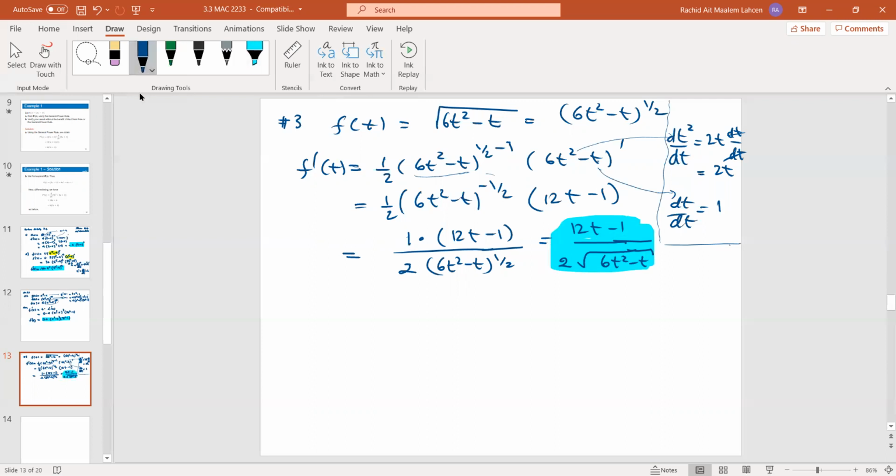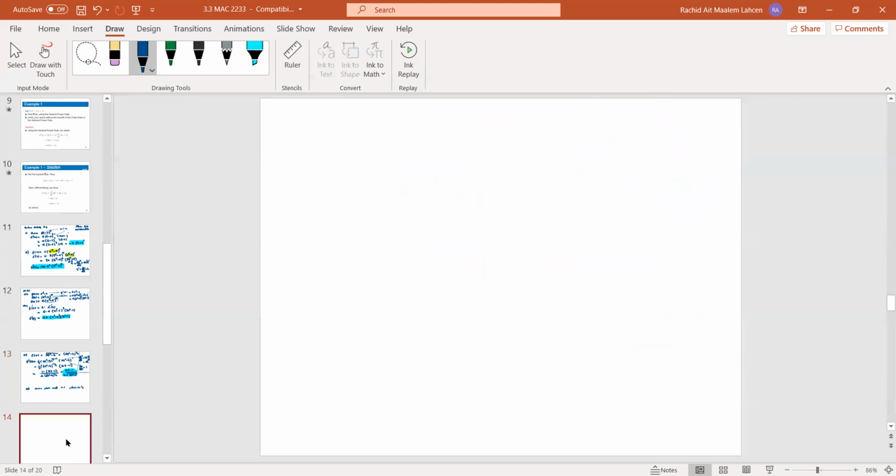All right. Of course, for number 4 now, it's similar. You're going to use the power rule with a chain rule, so it's a similar process for number 4.